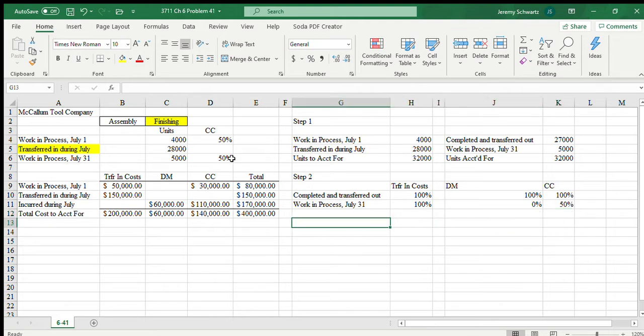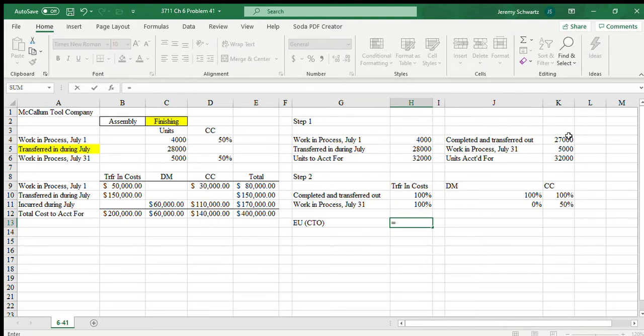So overall, when we do our equivalent unit calculation, so for completed and transferred out, we would take the physical units from above and multiply that by the corresponding percentage.